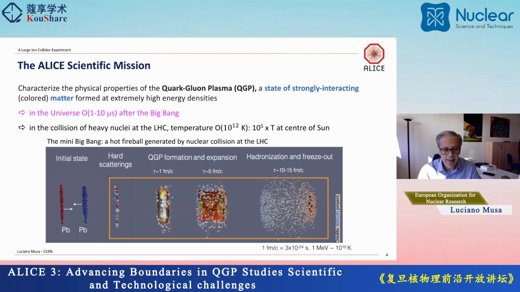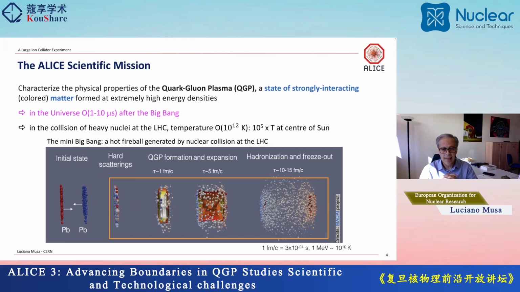You are all very familiar with this type of schematic representation of the evolution of the collision, starting from the two Lorentz contracted disks representing the two lead nuclei accelerated in opposite directions. The instant where they go through each other, so they penetrate through each other.